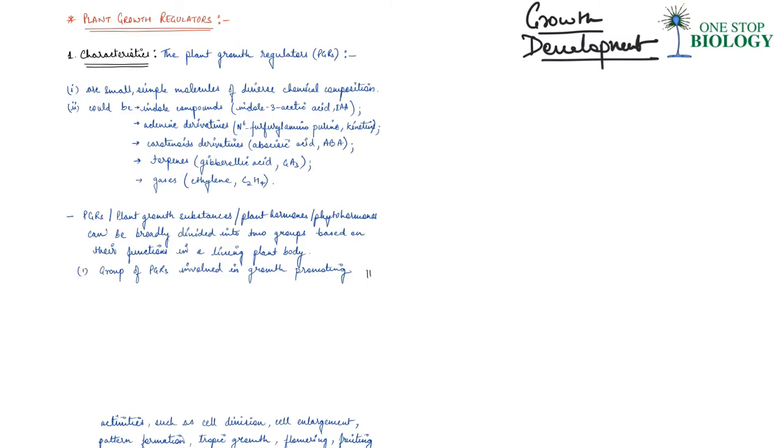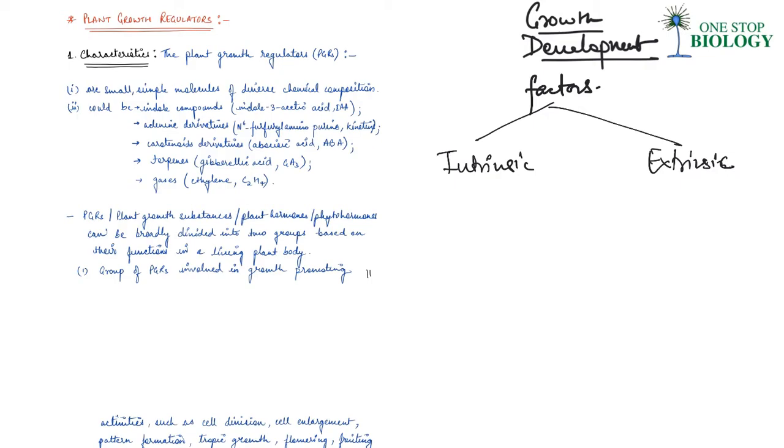So guys, when we talk about the growth or development factors, in the last video, the first thing we understood is that these are of two types, intrinsic and extrinsic. And then we also understood that these intrinsic factors are basically divided again into two, intracellular and intercellular.